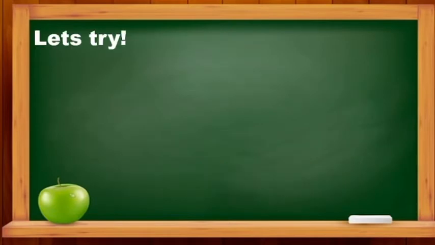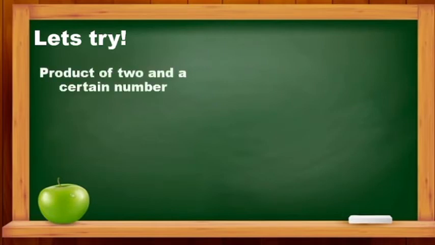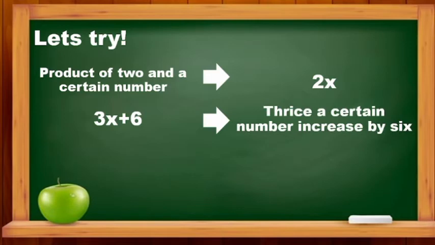So let us proceed. Try to translate this. A product of 2 and a certain number is translated to 2x or 2n or any letter of the alphabet. Next, 3x plus 6 is translated to thrice a certain number increased by 6. As you can see here, our 3x is translated to thrice a certain number, and our addition is translated to increased by.